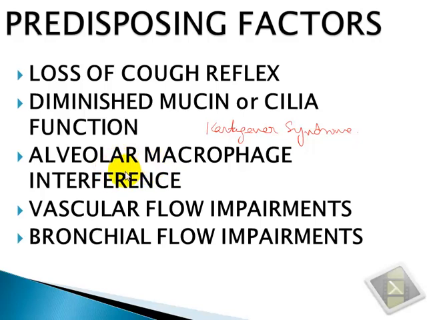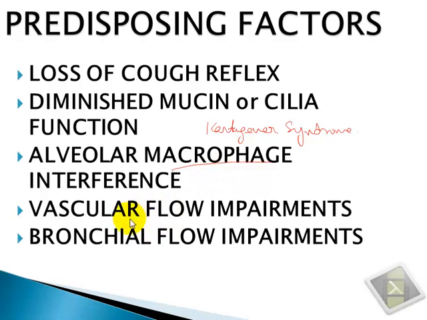There are only a few organs which have their own macrophages, and lungs are one of them, because we don't have time for monocytes to come there and get converted into macrophages. We better have the soldiers already fighting there, rather than hiring whenever they are required.